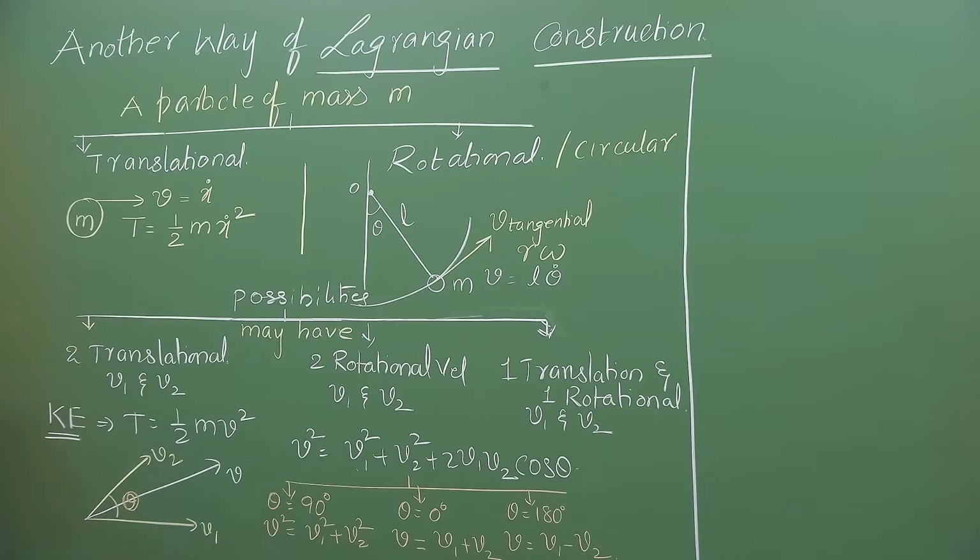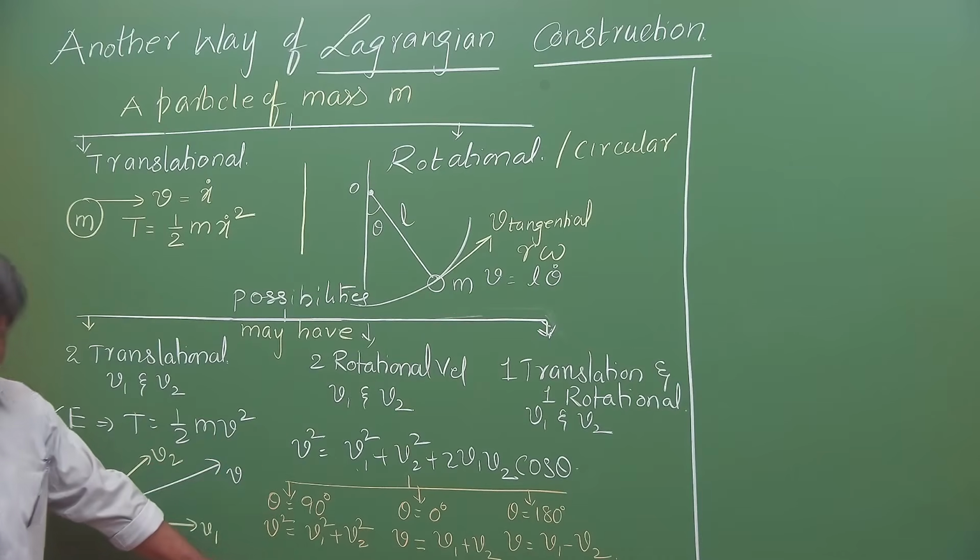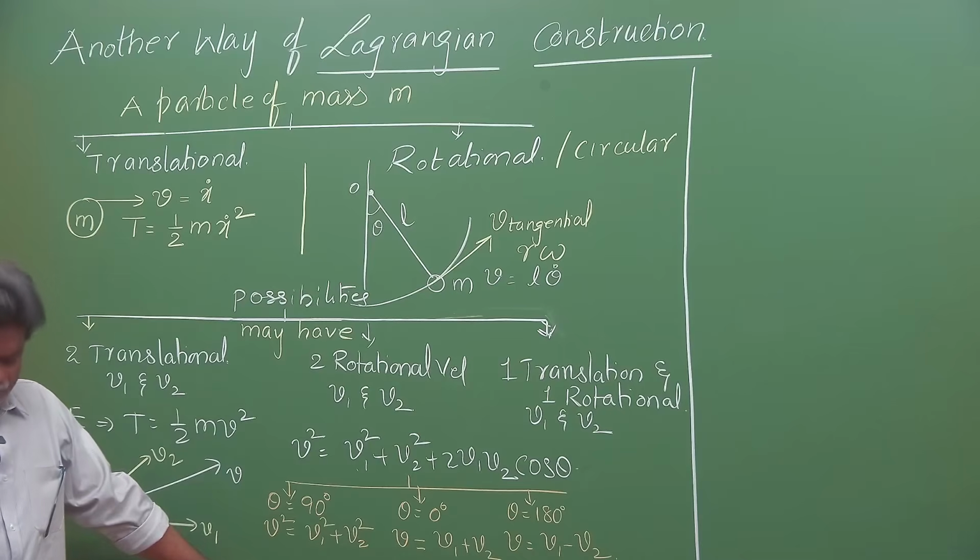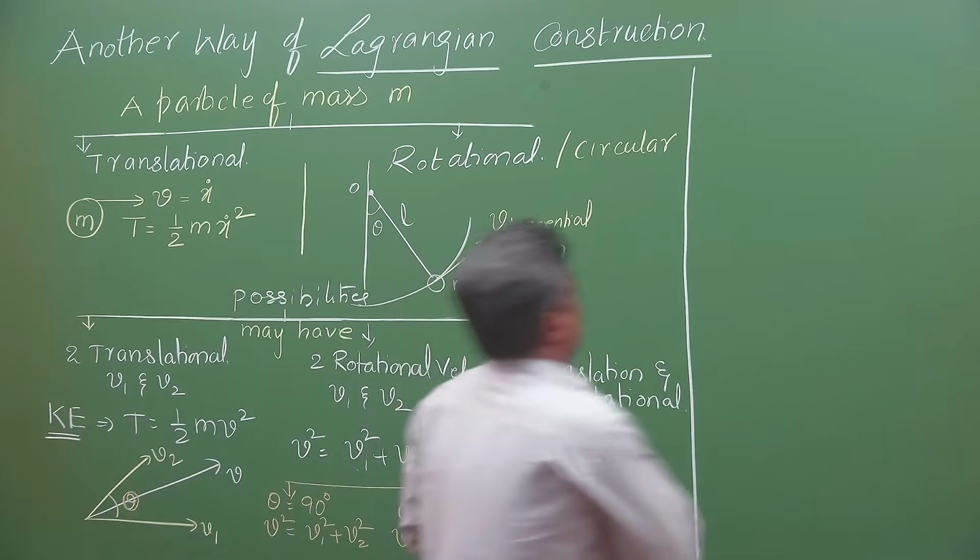Anyhow, if you have a single velocity, then there is no problem. If you have more than 1 velocity, then we have to find the resultant by using the formula V square equals... Super. Let me start.